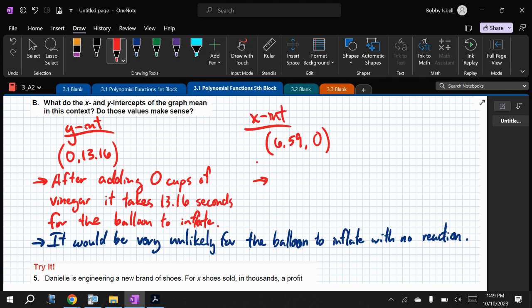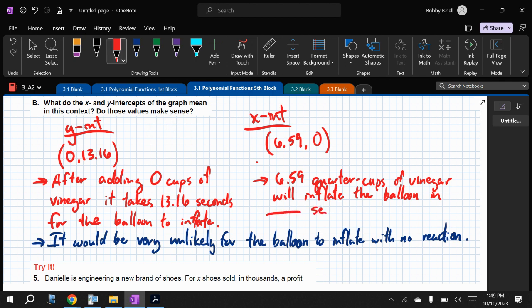How much vinegar? 6.59, not just cups, but quarter cups, will inflate the balloon in how long? Ooh.